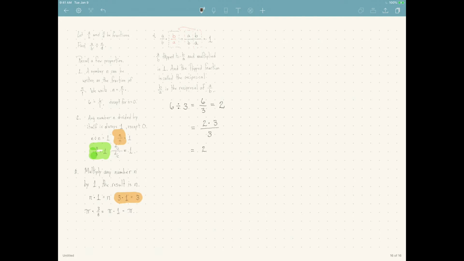If I take this as 2 times 3 over 1 times 3, look at what I have. This is the fraction 2 times 3 over 1 times the fraction 1 over 3. But 2 times 3 is 6, and 6, we said earlier, can be written as 6 over 1 times 1 over 3.